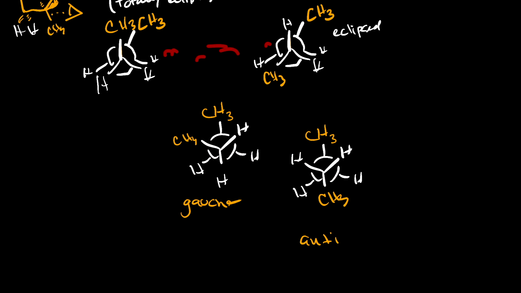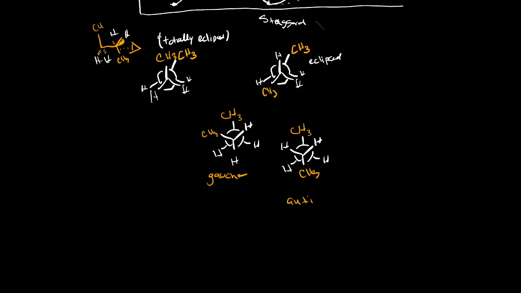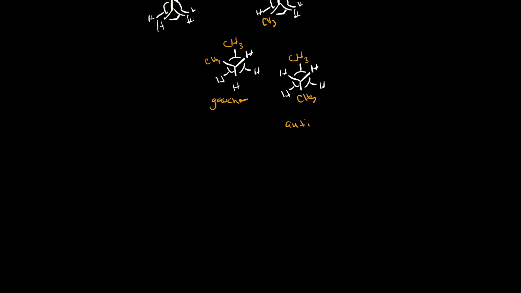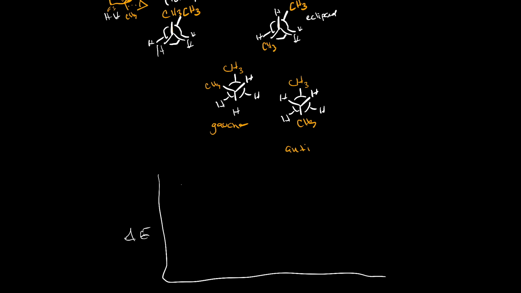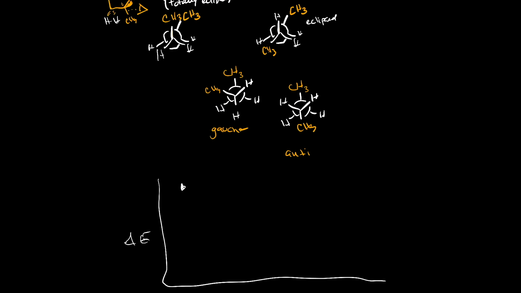So if we were to draw an energy landscape now, zoom out a bit, we go back here, we can draw our energy landscape, delta E. And so we have some high energy configuration, and that would be your totally eclipsed.